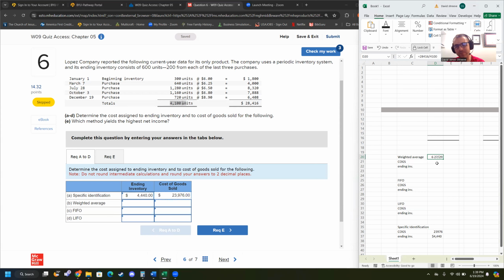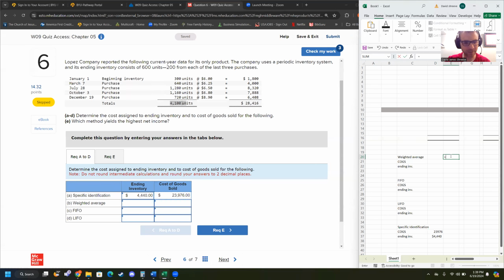I don't know what's going on here. Something went wrong. Delete that, delete that. Equals 28,416 divided by 4,100. I don't even know what this is doing.